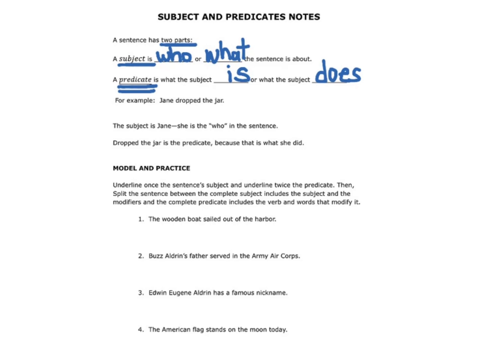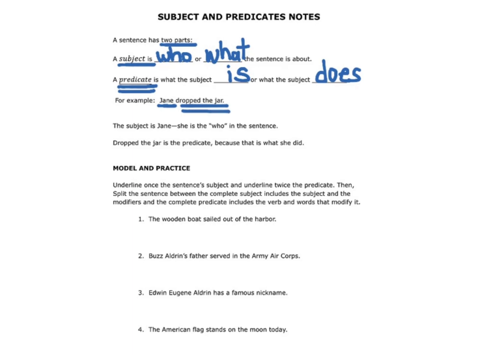So, for example, we're looking at the sentence, Jane dropped the jar. The subject or the who is Jane. So we're going to underline it with 1 line. And the predicate is dropped the jar. So we're going to underline dropped the jar with 2.